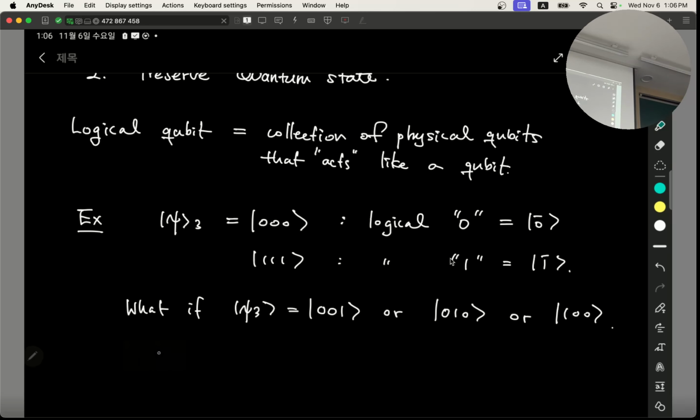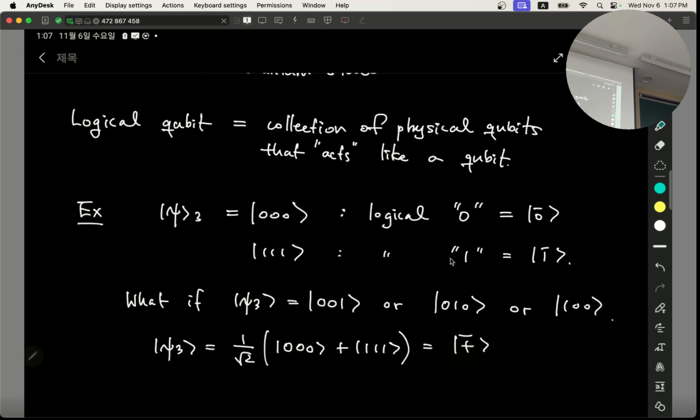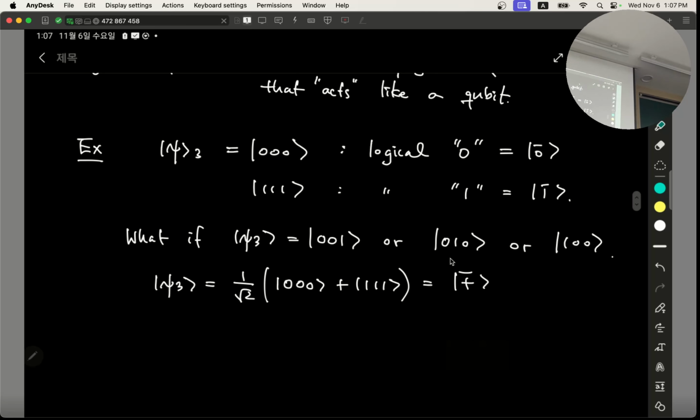So let's say I have the quantum state encoded in the logical qubit as a plus state, which means I have 0 0 0 plus 1 1 1, the logical plus. How do we detect whether this has an error or not?